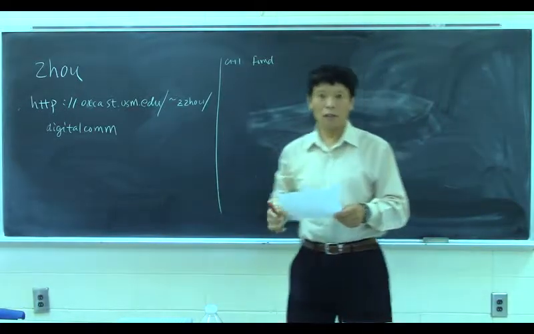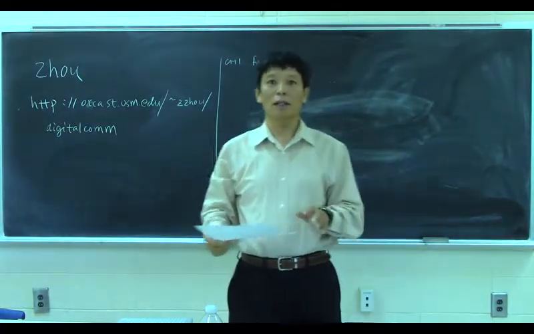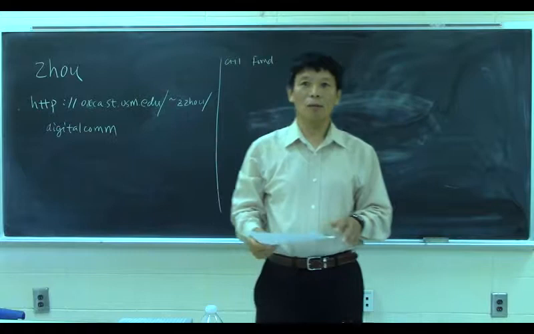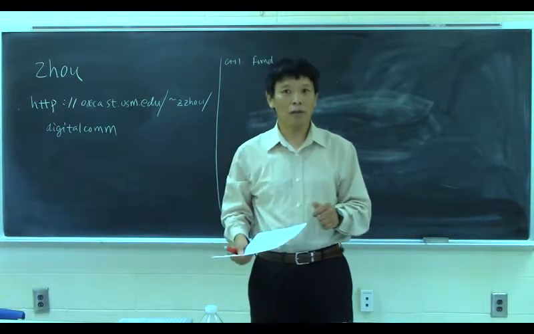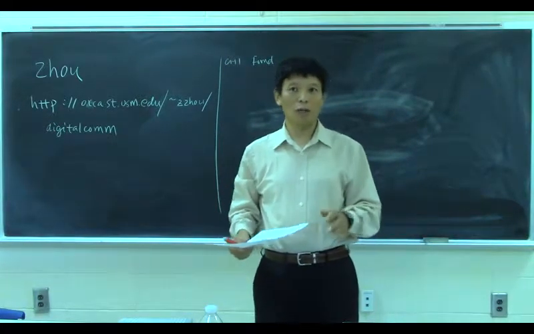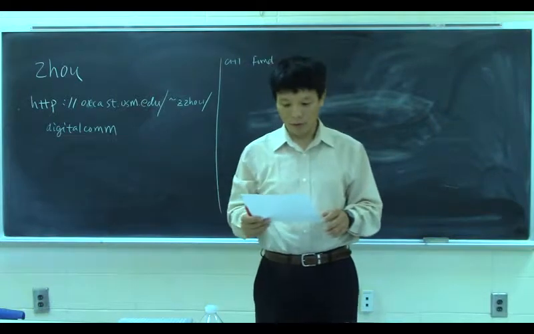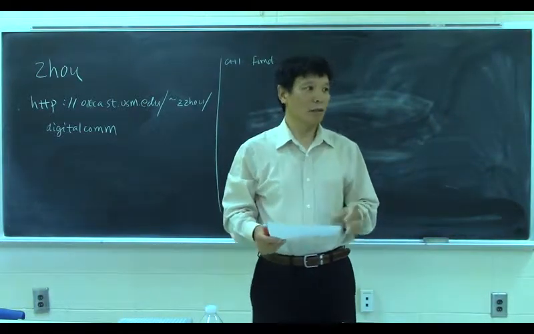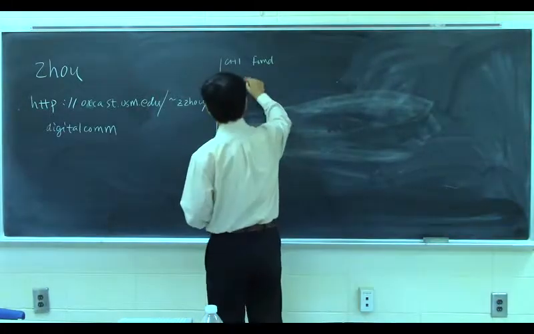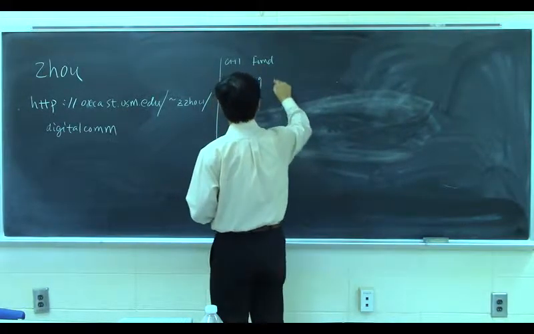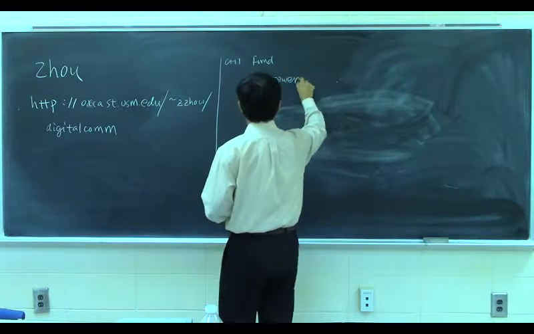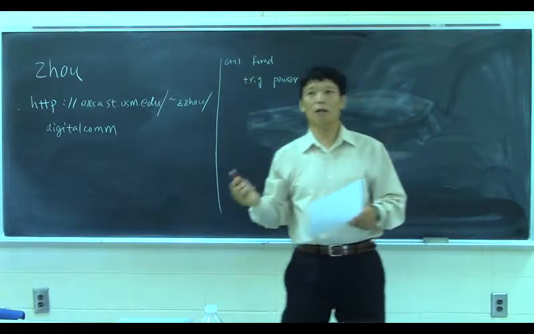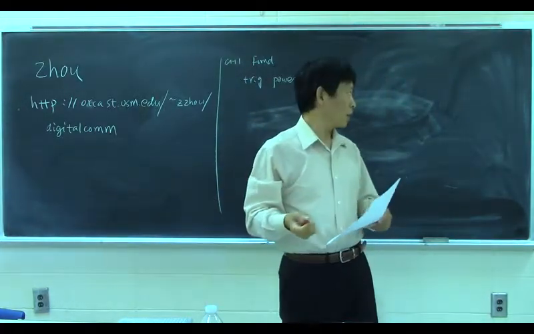We are going to discuss several trigonometry identities, for example, cosine function times cotangent function. I believe you already have this from Math 103. The next one, we are going to discuss the concept of power, and the next one will be electric power. If you are given a signal, you need to know how to calculate the electric power.